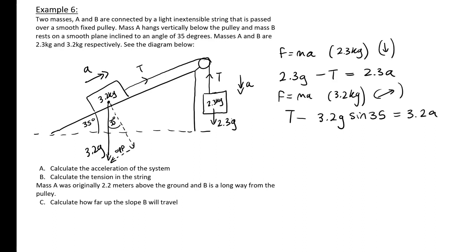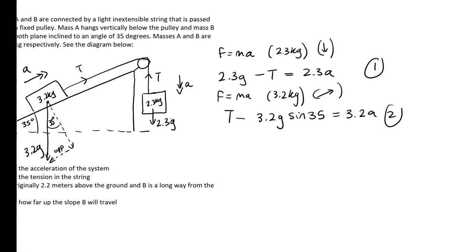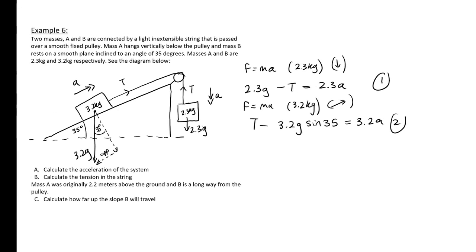It's easier to use elimination to deal with these equations. It gets rid of T right away, and we can answer part A and get acceleration. So if we put equations 1 and 2 together by adding them, we'll end up with 2.3g minus 3.2g sine 35 being equal to 5.5a.